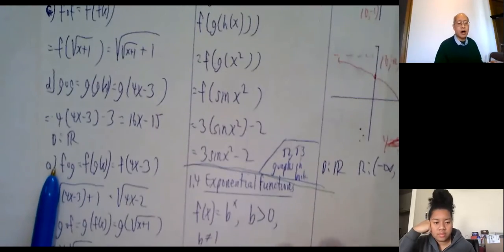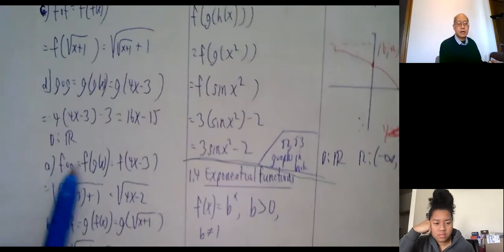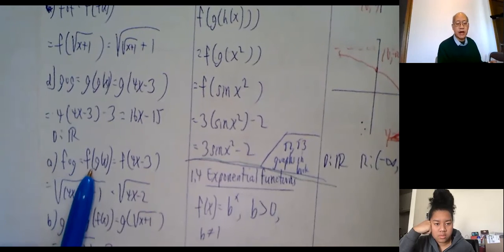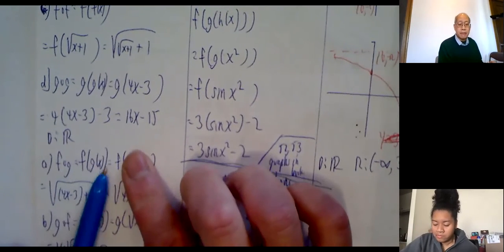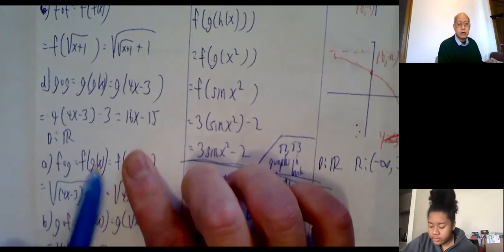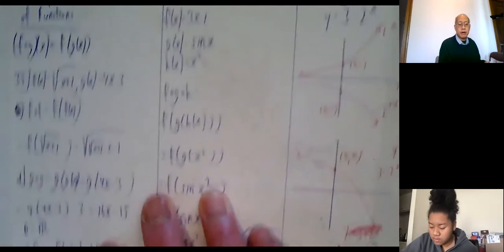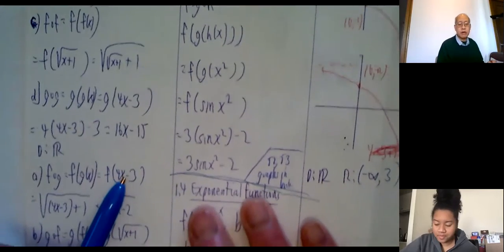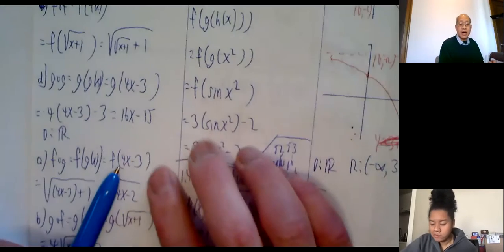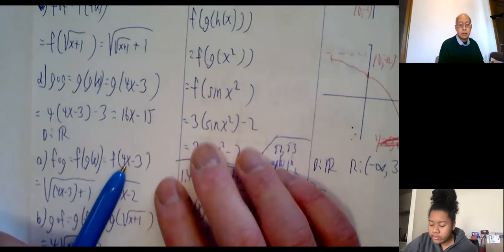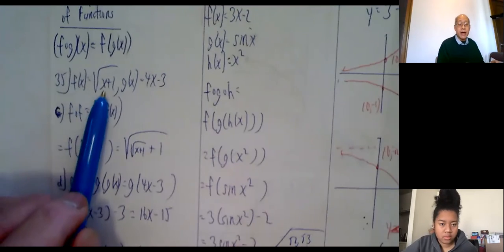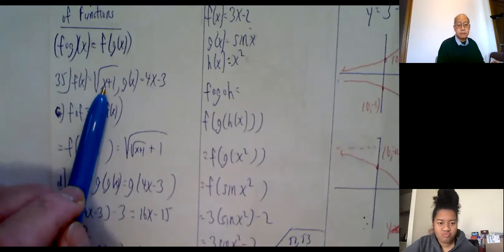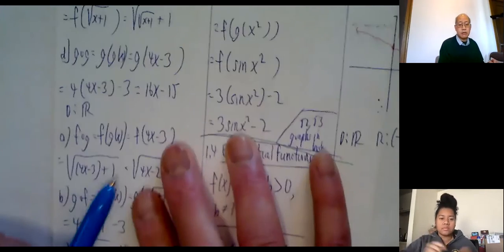Okay. Now, F circle G. That means F of G of x. So same thing. The next step, don't put G of x, write what it's equal to. So what is G of x equal to? 4x minus 3. So I put 4x minus 3 right here. And now this thing, be it easy or difficult, whatever's behind my finger goes right back up here. What is it? 4x minus 3.